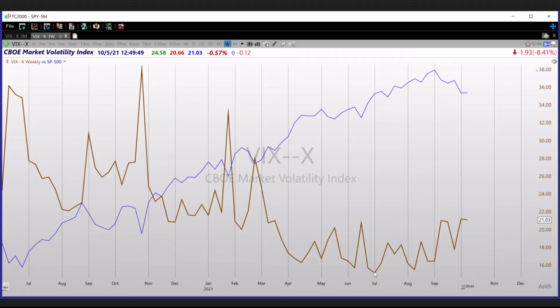So maybe they have some call options that they've purchased. What you could be seeing over the last couple of months, I think certainly a contributor, is that volatility was cheap, and people were buying volatility and probably still are as a hedge.